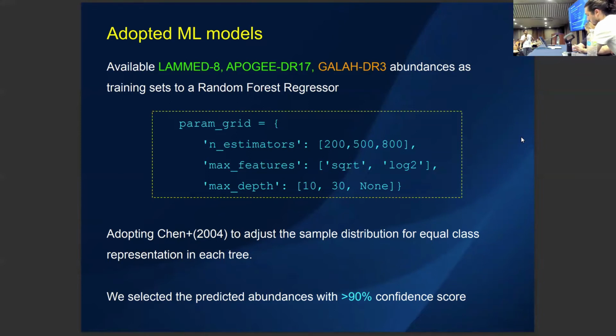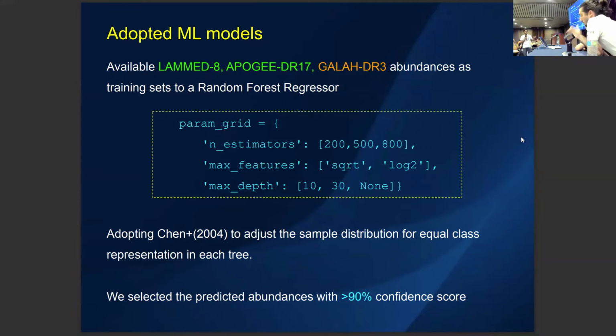But for GALAH, it shows some prominent results, and we have fed this to a random forest regressor, considering some parameter grids for the hyperparameter tuning. And we considered some criteria described by the author, Chan, to adjust the sample distributions, because in our case, as we have seen in the previous cases, the data were unbalanced.